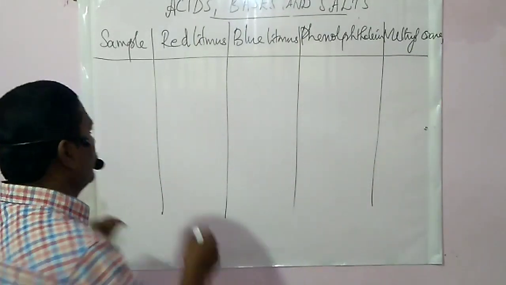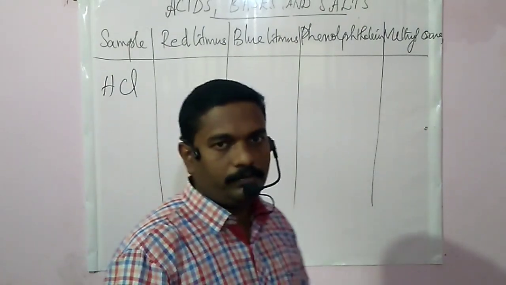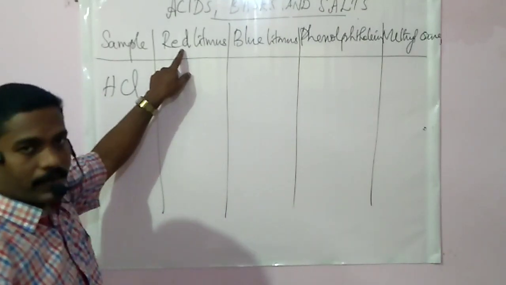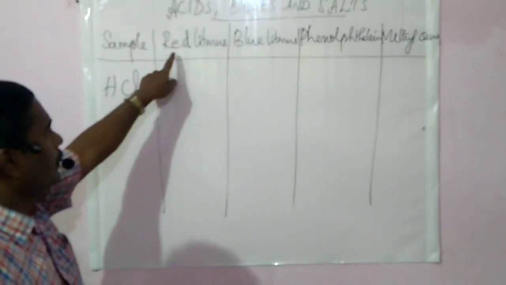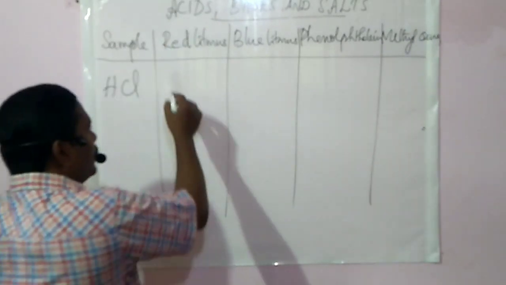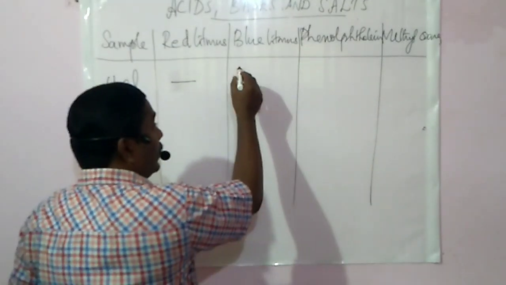The first one is HCl, hydrochloric acid. While noting the color of red litmus, what will happen? HCl is an acid. Red litmus, is there any change? No change here. But what about blue litmus? It turns red.